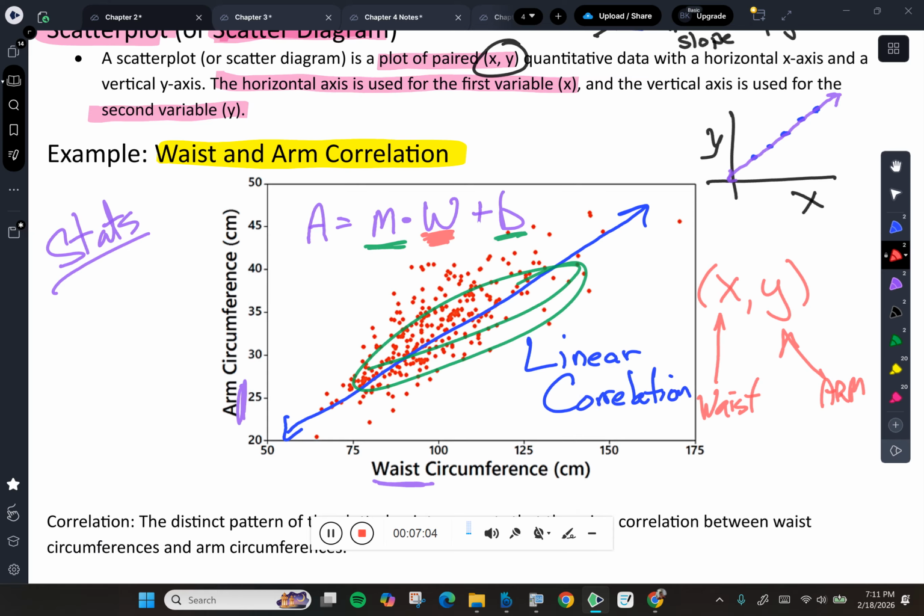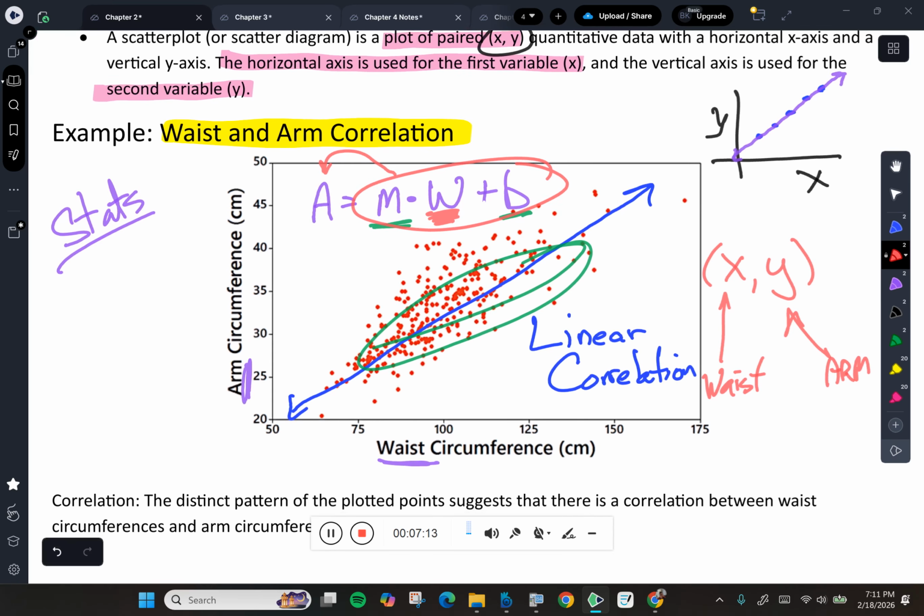I could put that number in for w, and then this math would give me a pretty good prediction about that arm circumference. And that's the idea behind correlation.